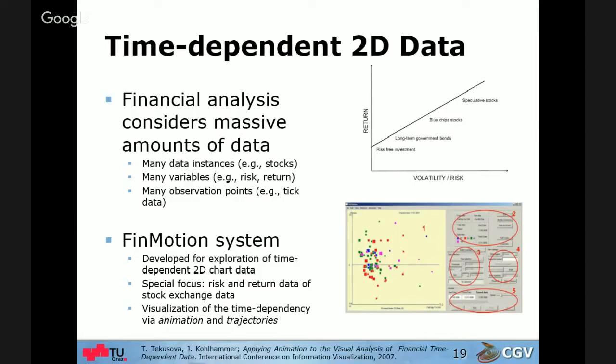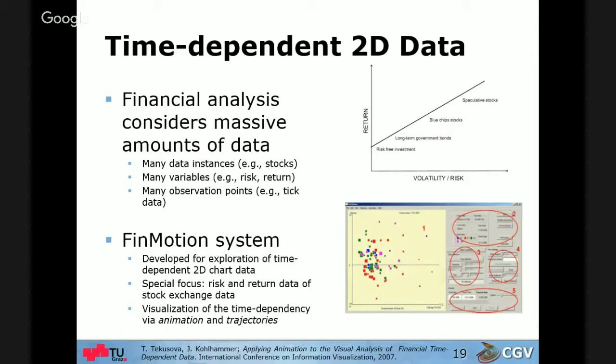So the data scenario here is temporal scatterplot data, or time-dependent scatterplot data, which arose from a research project we had together with financial data analysts who are interested in comparing assets over time, financial assets. And two of the main variables to describe financial assets include volatility or risk and return.